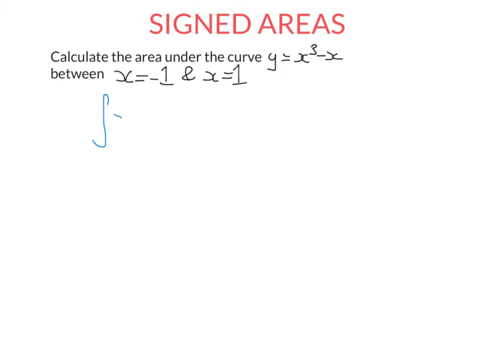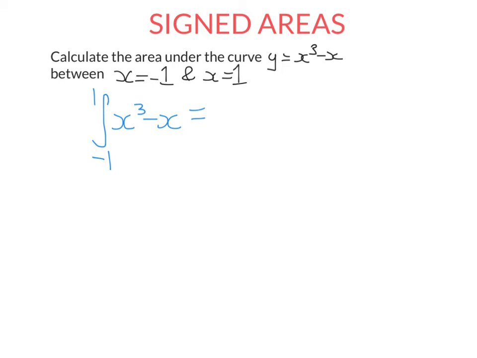So the area under this curve will just be the integral of x cubed minus x between x equals -1 and x equals 1. To evaluate this, we take the antiderivative, evaluate it at x equals 1 and x equals -1, and then subtract.